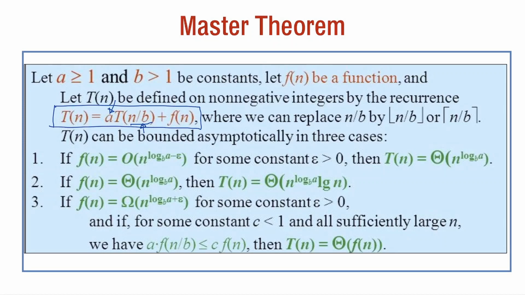And these are the 3 conditions that we have studied earlier. When F(n) is of the order of n to the power log A to the base B minus epsilon, in that case, it will be a very optimal function of n to the power log A to the base B. On the other hand, if it is equal to n to the power log A to the base B, then one log n term gets added to the complexity.